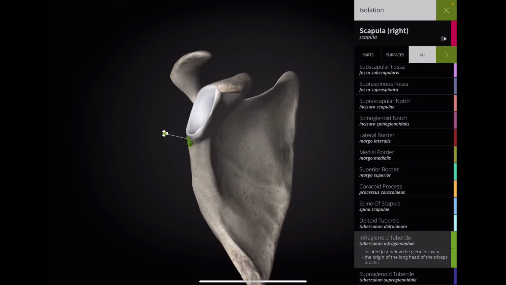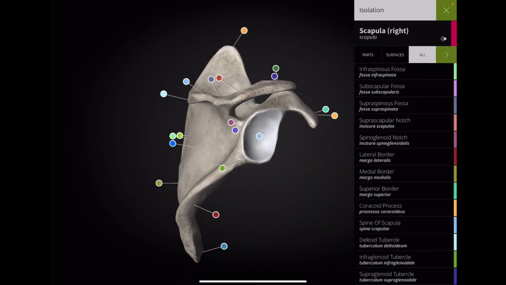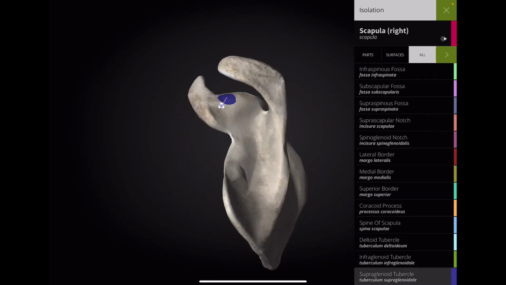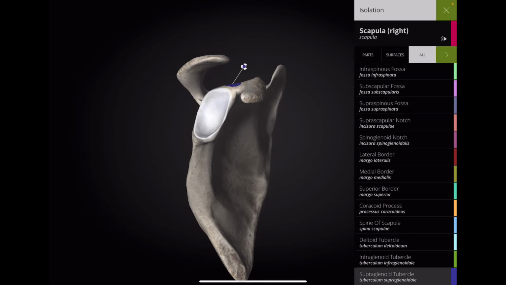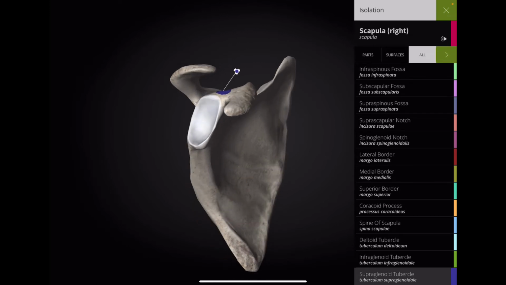Like the name says, infraglenoid, you also tend to get a supraglenoid tubercle, which is found on the superior aspect of the glenoid cavity. And that's a place for the origin of the long head of the biceps brachii.